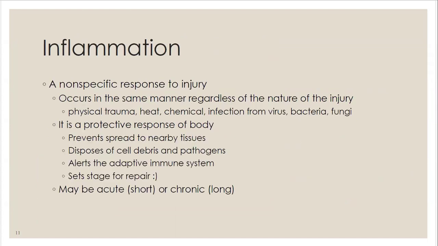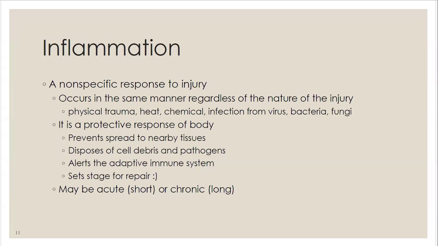All right, so inflammation is the body's non-specific response to injury or infection. So it is a protective mechanism that is designed to prevent the spread of infection. And it does this by isolating pathogens and preventing them from spreading to nearby tissues. It also helps to eliminate debris and pathogens. So immune cells clear the area of harmful substances like dead cells and pathogens.